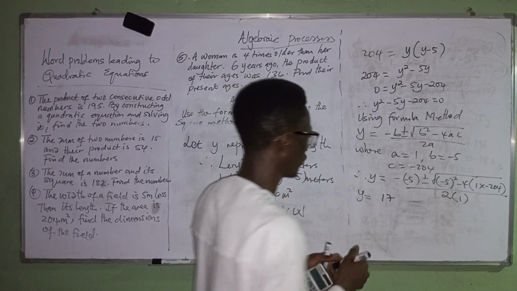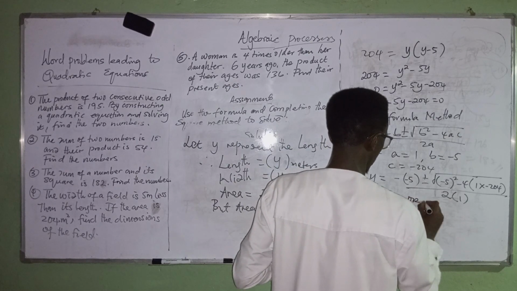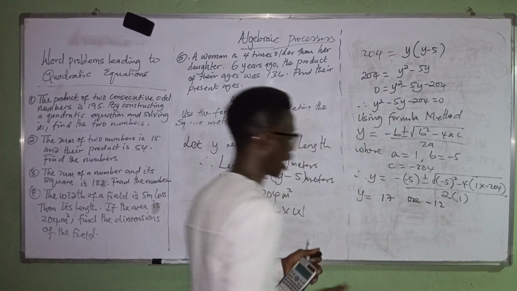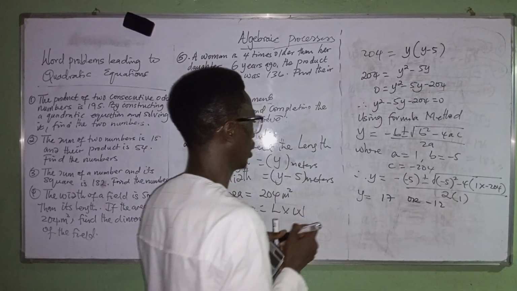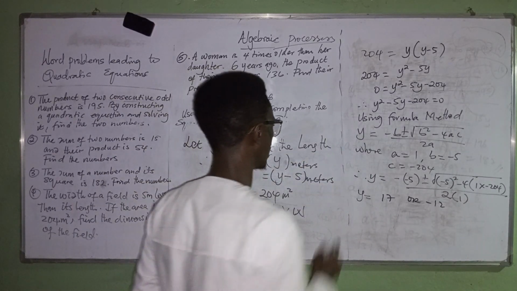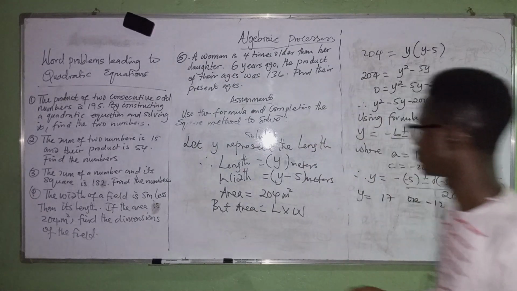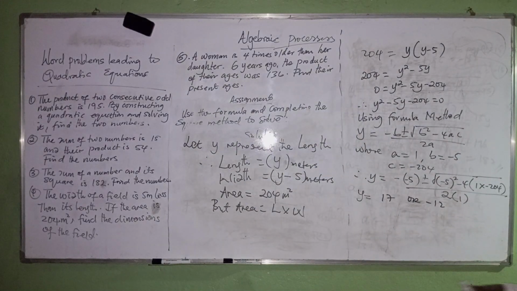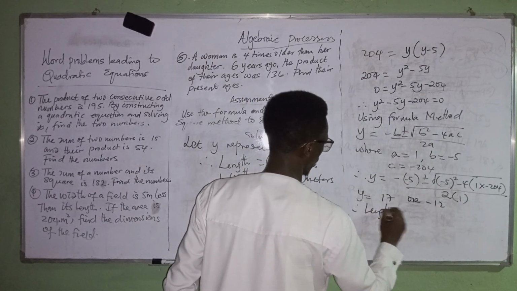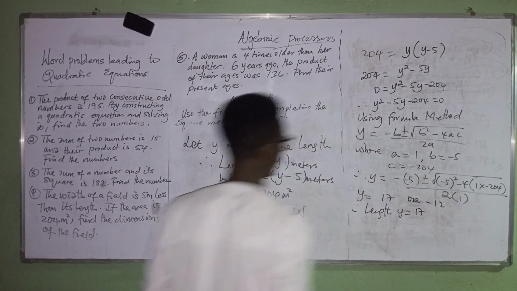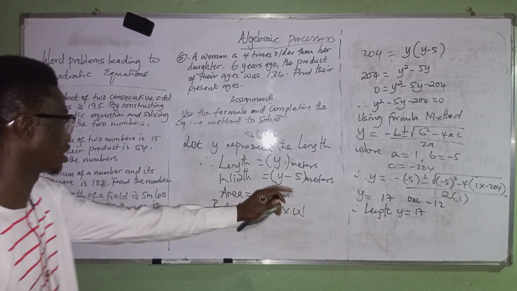The same thing, so I have minus 12 or minus 12. I'm just using this for some of you that are finding it very difficult to use the calculator, so you know actually. So that's it for your length. Now, it means your length here, which is y, is going to be 17. So in this case, you are going to use that.